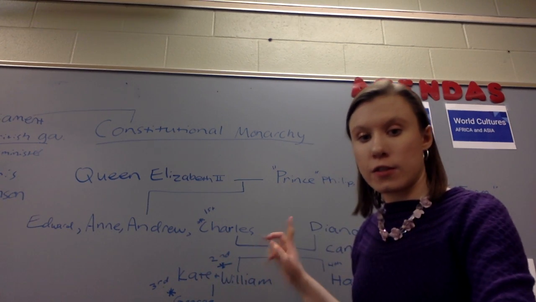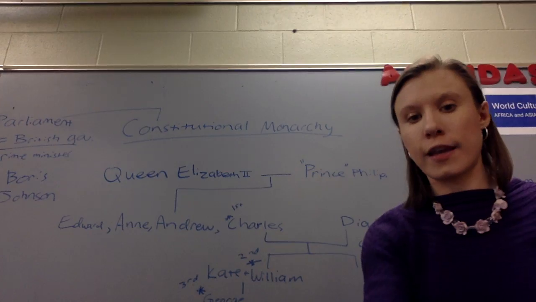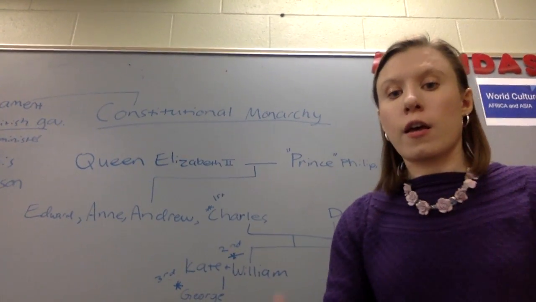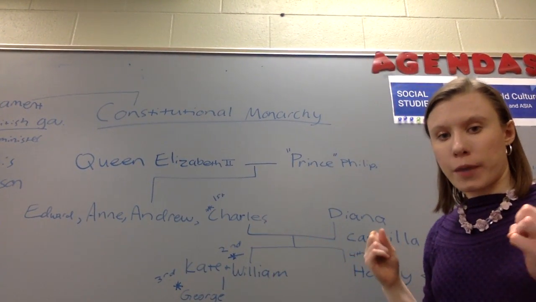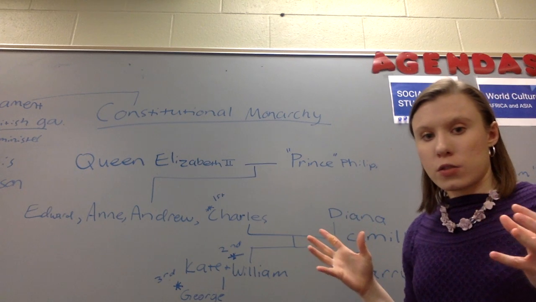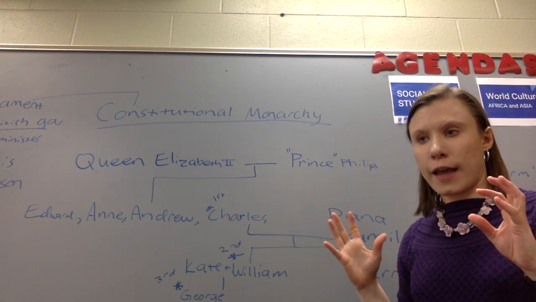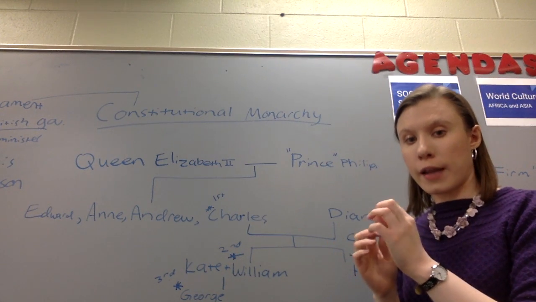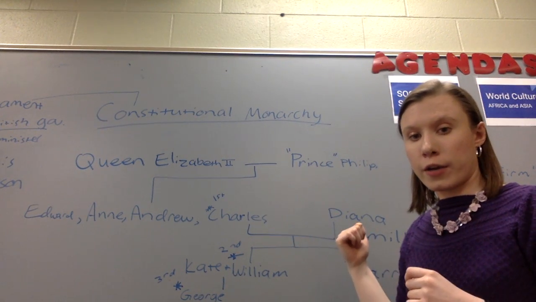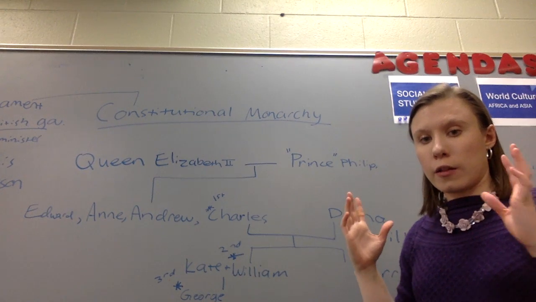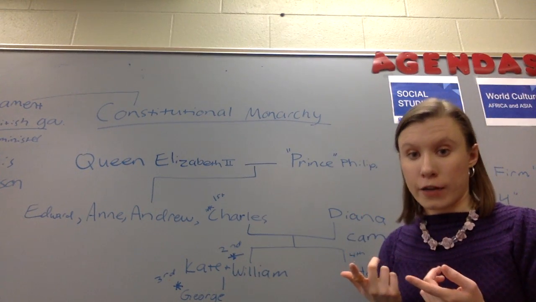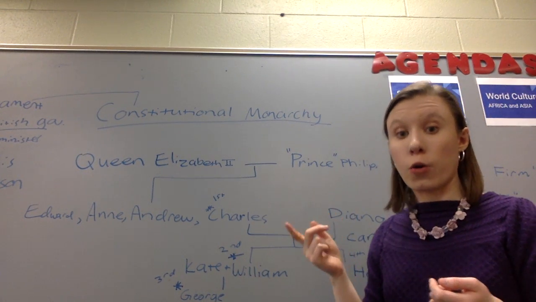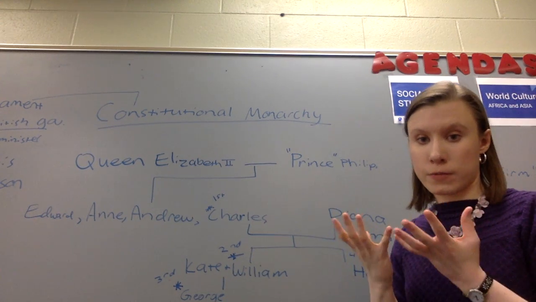So basically, just a quick rundown of Queen Elizabeth's ancestry and monarchy lineage. The constitutional monarch is something that gives the monarch a little bit of power, but not a whole lot of power. Great Britain actually figured this out along the lines because you had King Henry VIII, who was completely cuckoo for Cocoa Puffs, and he wanted all the power to himself.